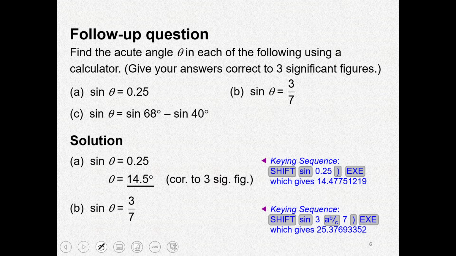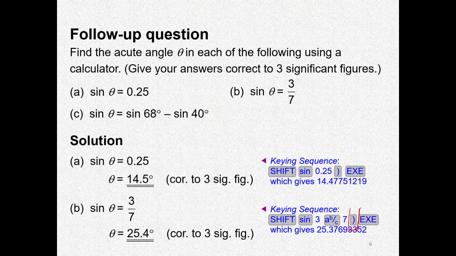And then for part B, we can also follow the keying sequence on the right hand side, but bear in mind we need to put our close brackets after the number 7 because 3/7 is a fraction, so don't break it. We need to complete the fraction before the close brackets.